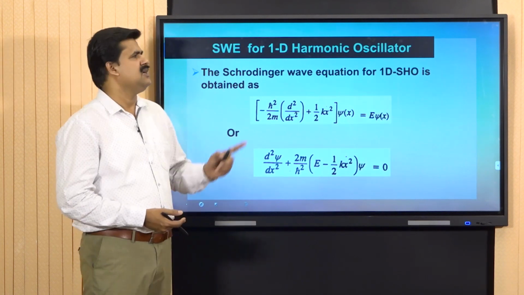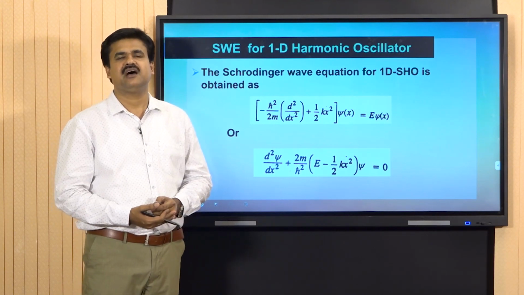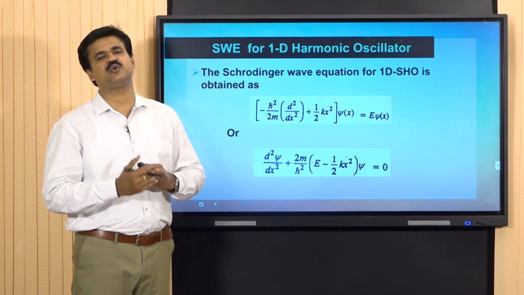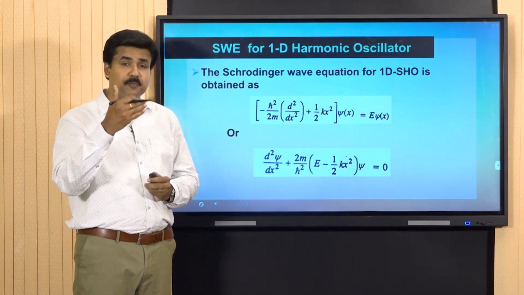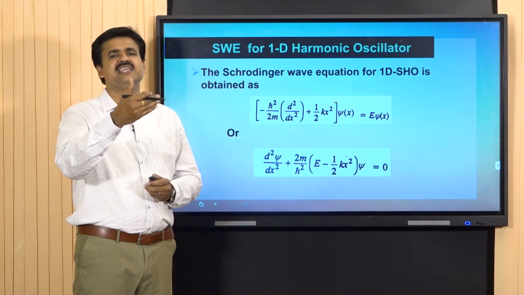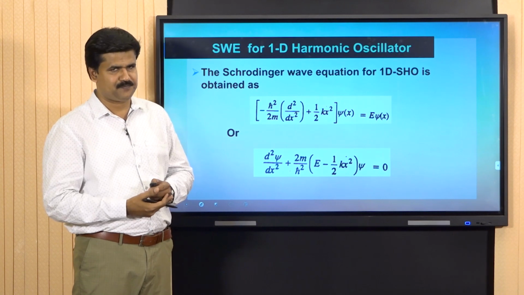Now, the Schrodinger wave equation for the one-dimensional harmonic oscillator. As in the case of every exactly solvable system, the first part is the application or the incorporation of the Schrodinger equation into the present system.